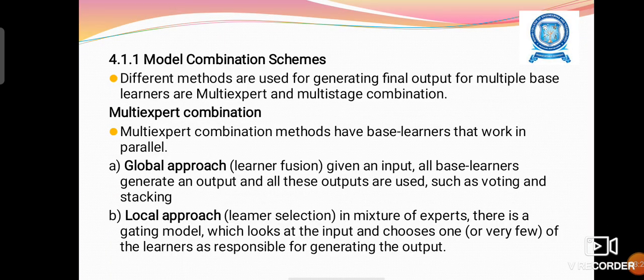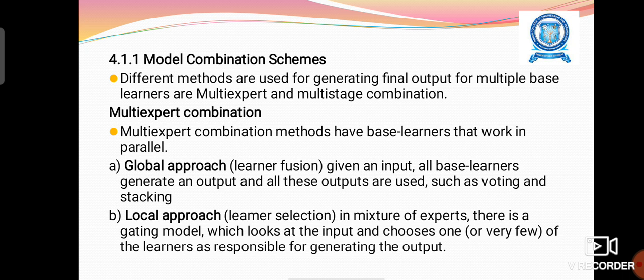Model combination schemes. There are several methods used for generating the final output from multiple base learners: multi-expert and multi-stage combination. Multi-expert combination methods have base learners that work in parallel. There are two types of multi-expert combination: global approach and local approach. The global approach is otherwise called learner fusion.